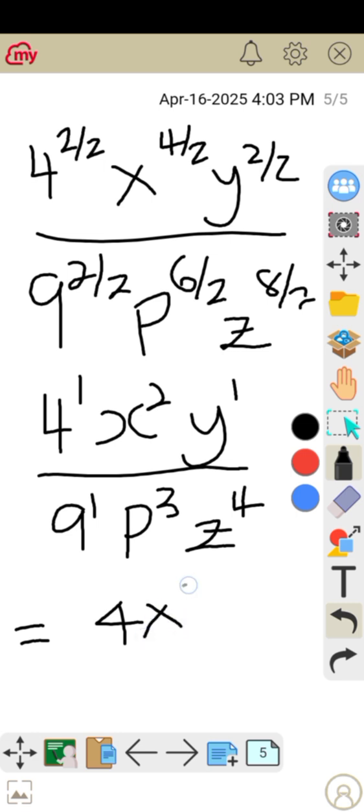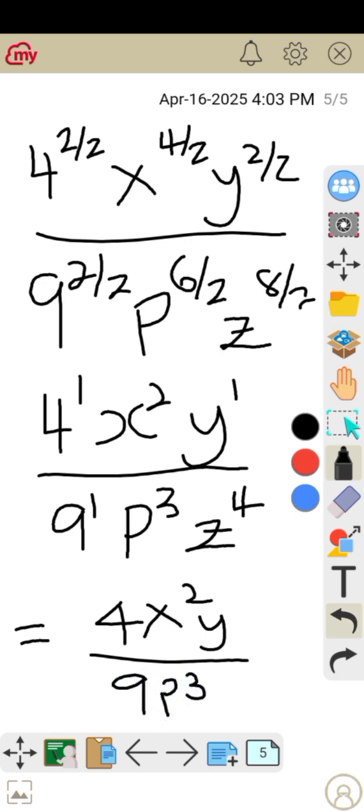We will now have x squared. Y raised to the power of 1 is y. 9 raised to the power of 1 is 9. P raised to the power of 3 and z raised to the power of 4. This is now our final answer.